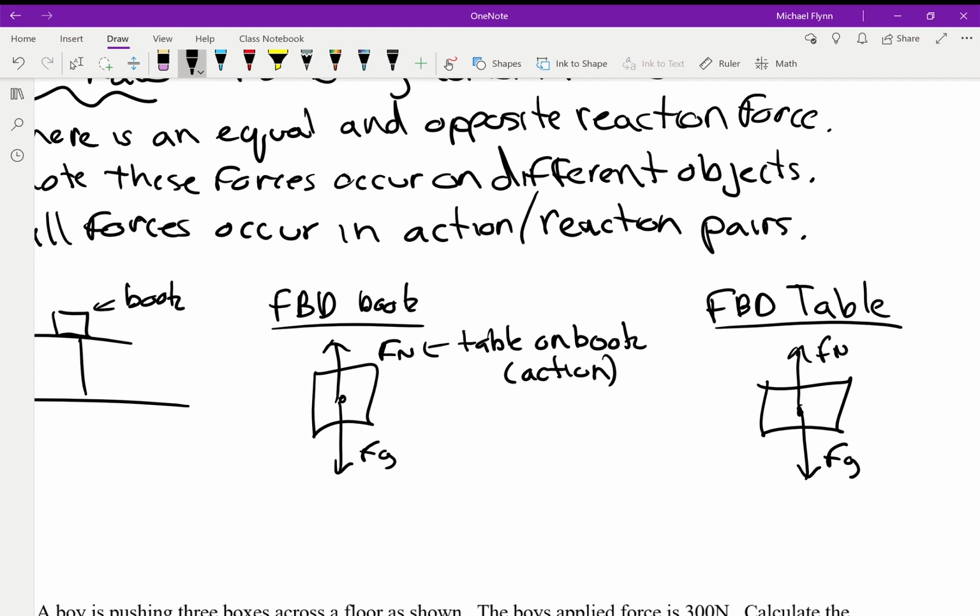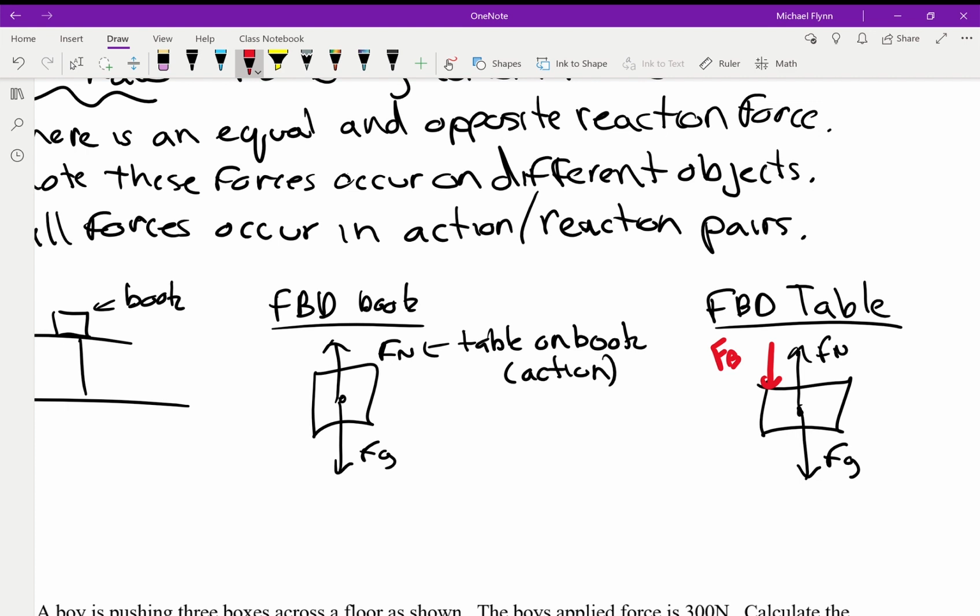But there's something else. I'm going to use the color red for this. What's also true is that the book is pushing down. I'm going to write FB. That is the force of the book pushing down on the table. And actually the normal force from the floor has to balance both of those things.